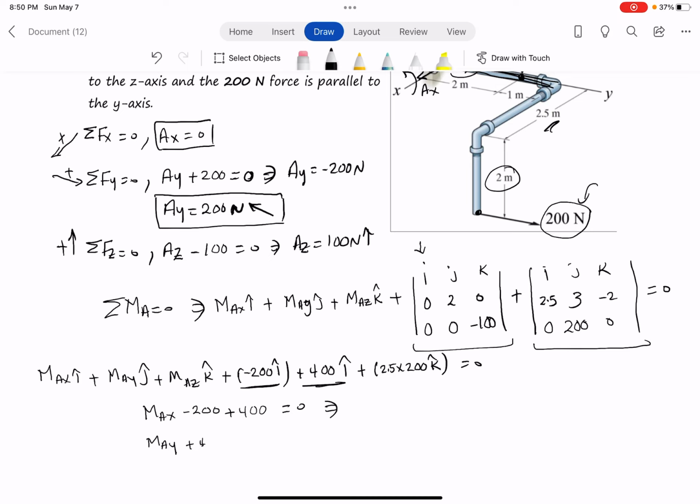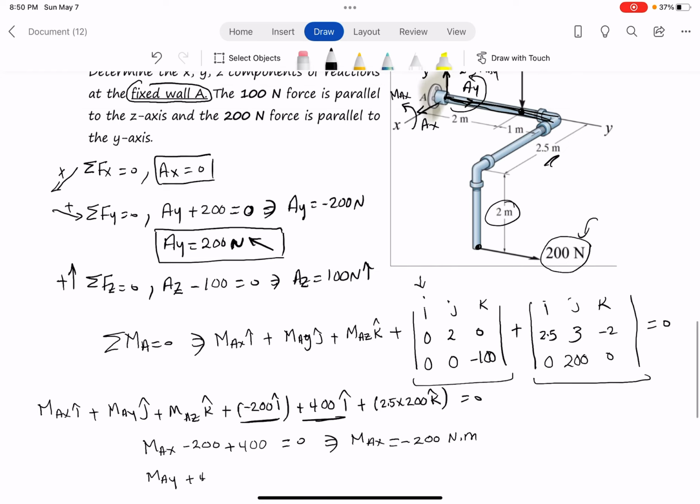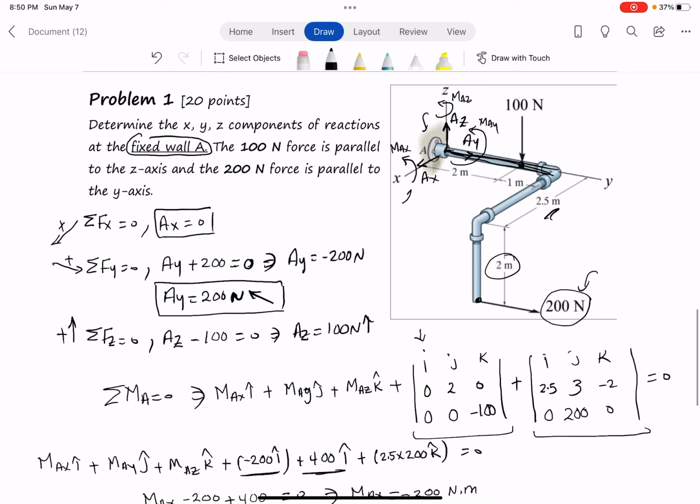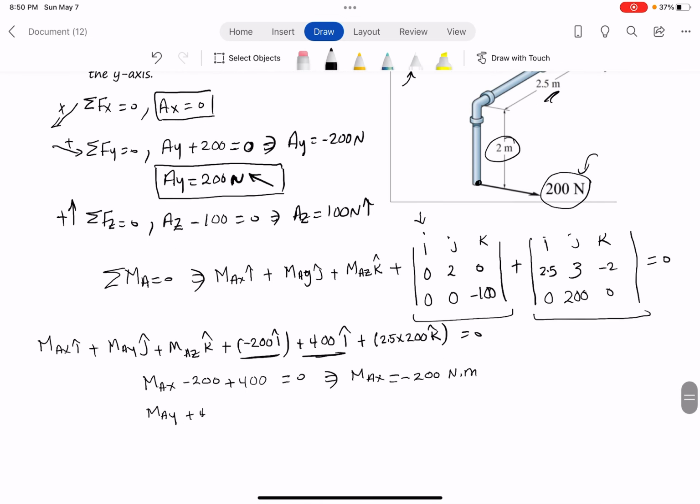You know, again, it's really good to check it before we proceed with the solution. MAX now plus 200, so it's going to be minus 200 Newton meter. We assumed that it is positive, which means it is 200 Newton meter, and it's either you do it like this or you do it clockwise.